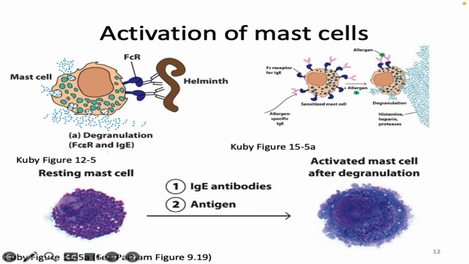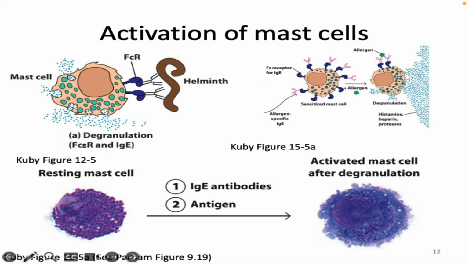And so here you can see a mast cell already has IgE on its surface. It's just floating around your body with the IgE already on its surface. If you happen to come in contact with the antigen, now the mast cell is going to immediately release its granules at that microbe to try to kill that microbe.